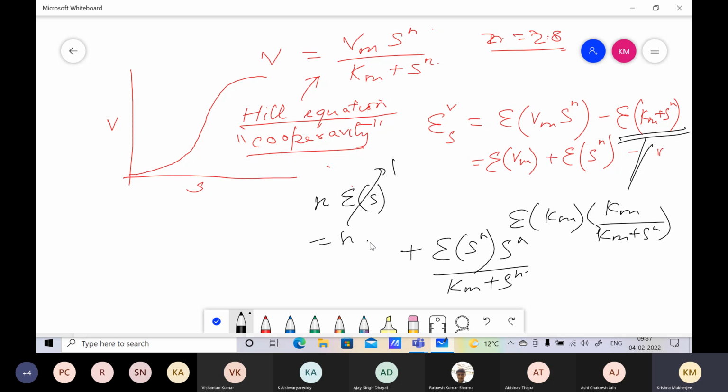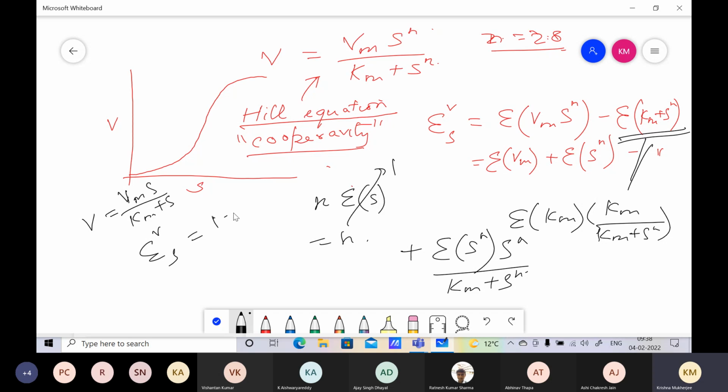Because this is where I will sort of stop teaching elasticity and move on to the next part of the course, which is actual enzyme kinetics. So you did derive, I hope you remember the derivation, for E V by S for simple enzyme kinetics, which is V is equal to V max S upon Km plus S. इसका क्या था? I hope you remember.